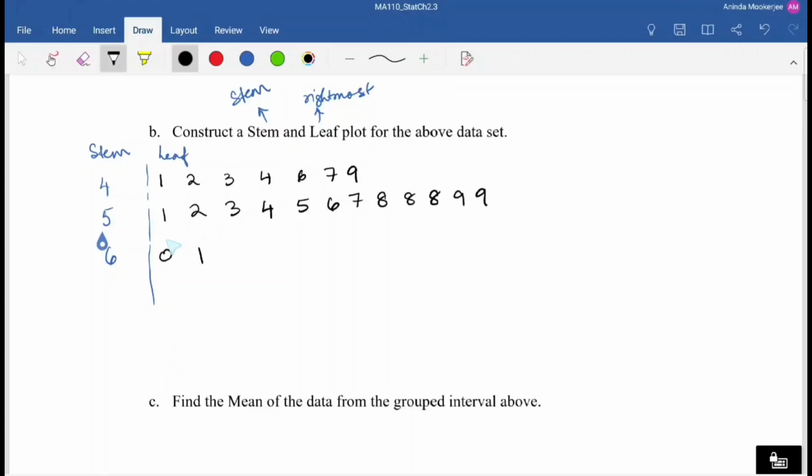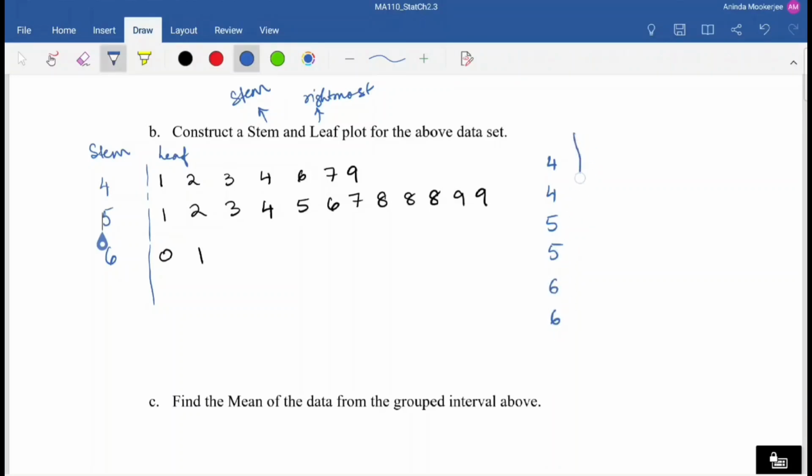Right, now since this row for 5 is a long one, we could have broken this into 2 stems per digit. All right, so we could have written this as 4 4, 5 5, and 6 6.